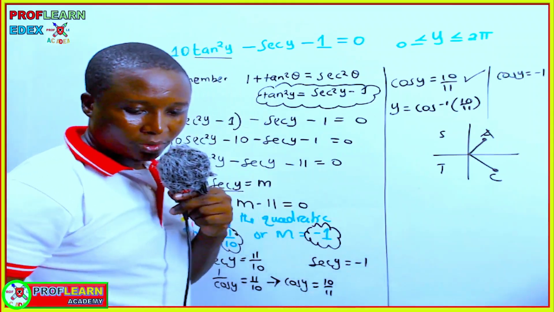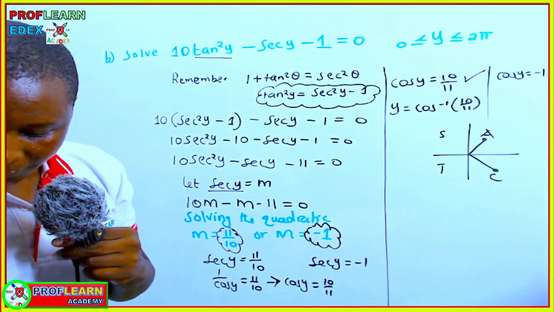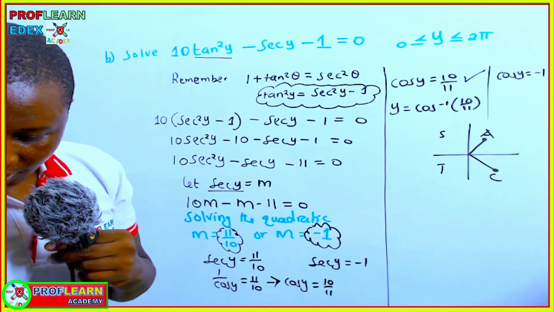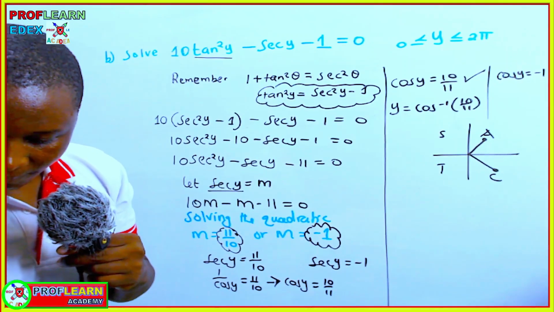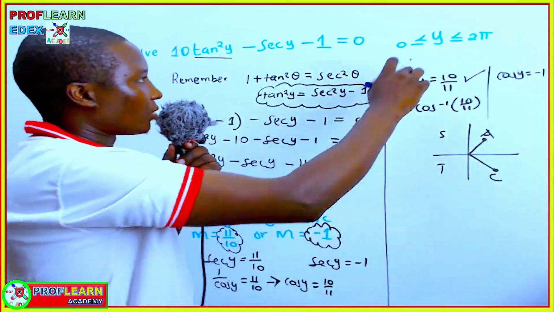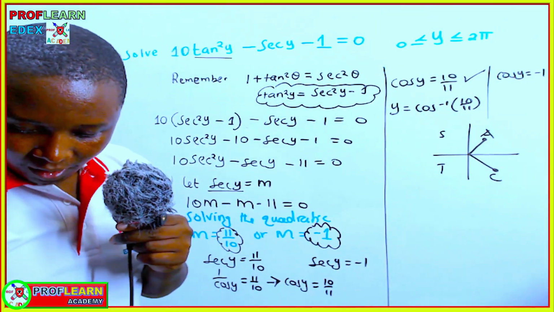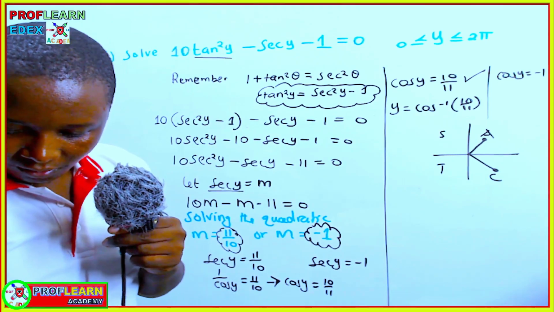If we work out cos inverse of 10 over 11, what are we going to get? We are working with angles in radians, so I'll have to change that.